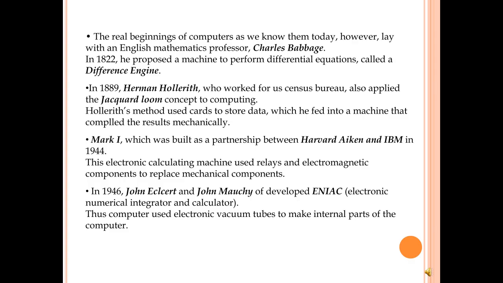One is John Eckert and another is John Mauchly, who developed a device called ENIAC. What exactly is ENIAC? It stands for Electronic Numerical Integrator and Calculator. It is a kind of computer which uses electronic vacuum tubes to make the internal parts of the computer.